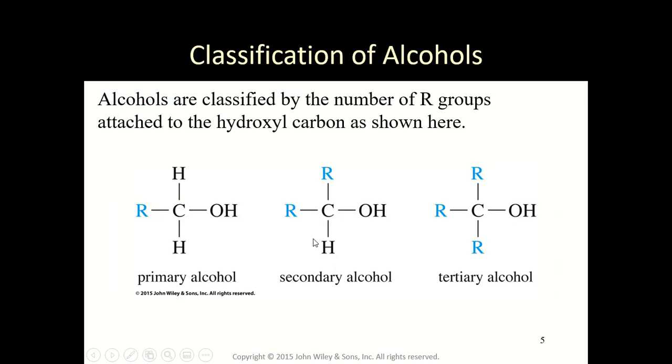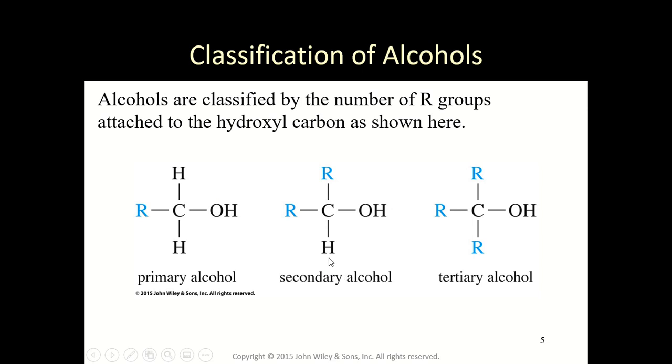Alcohols are classified by the number of R groups attached. Now, we've gone through this. It seems like a million years ago, but we did this already. Remember a primary alcohol, where the hydroxyl group is attached to a carbon that is only attached to one other carbon.